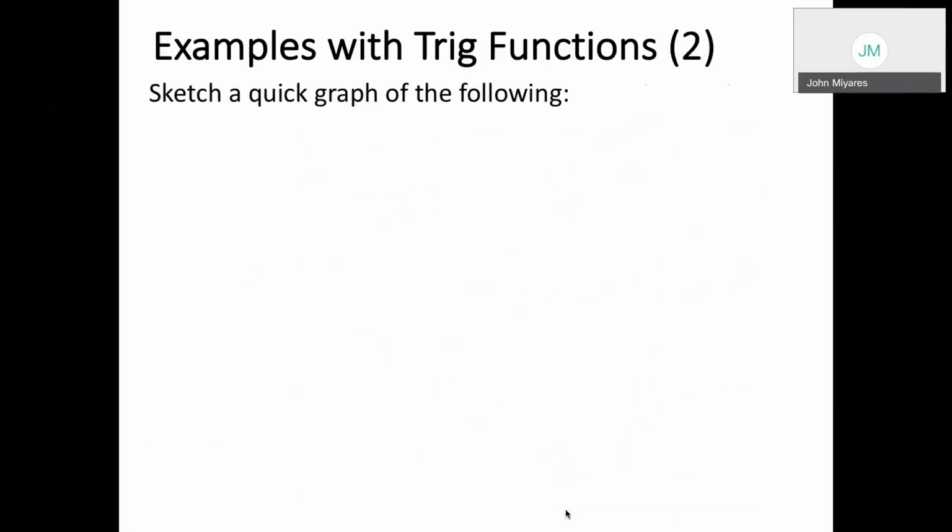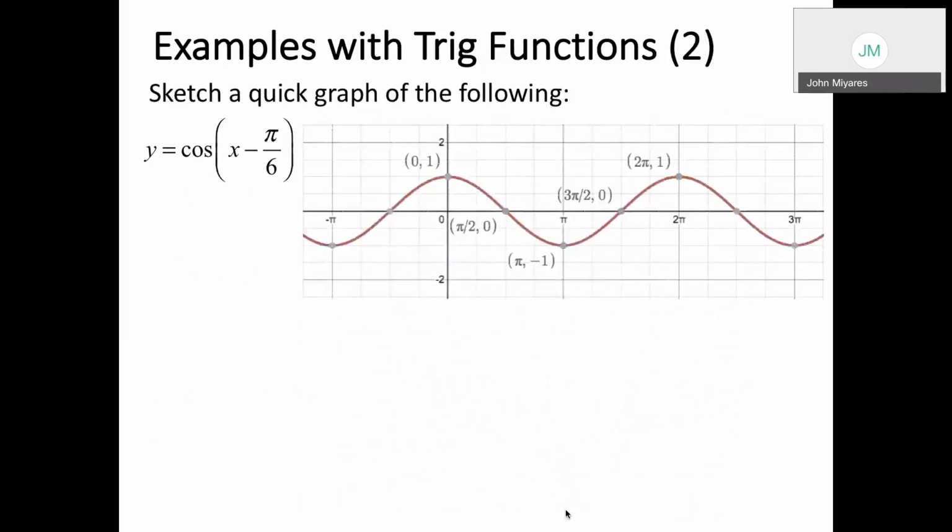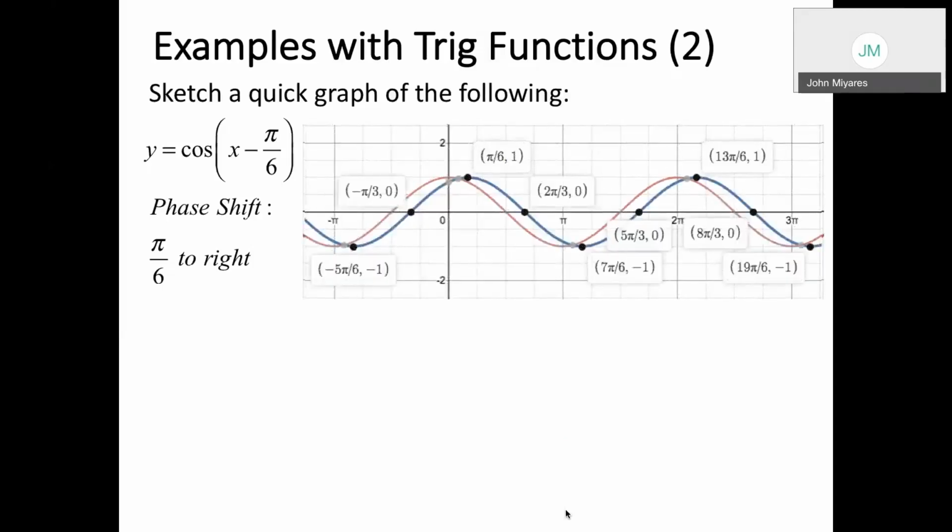Let's look at a few more simple examples. For the cosine of the quantity x minus pi over 6, because of where the pi over 6 lies, we're going to take our basic shape for the cosine and shift it over to the right by pi over 6 radians or 30 degrees, which will make our graph look like this. The peak of the graph, instead of being at the point 0, 1, will now be at the point pi over 6, comma 1.